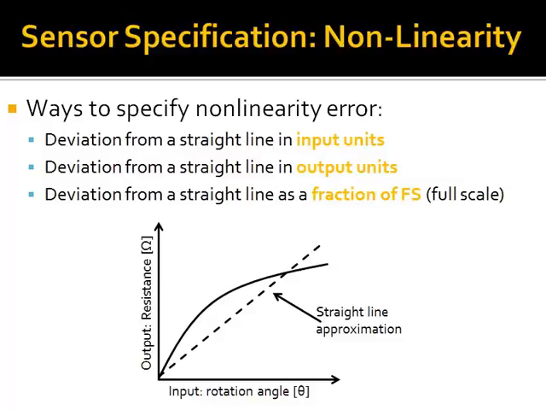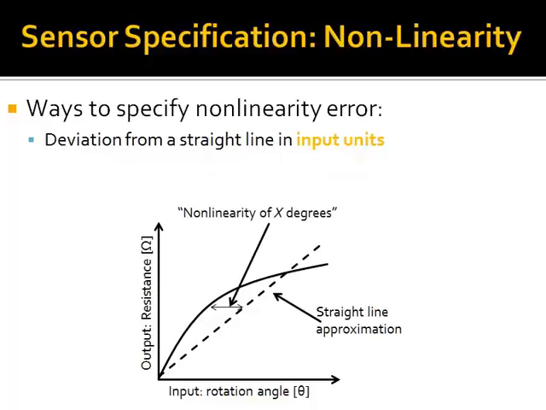If it's specified as deviation from a straight line in output units, then it might be quoted in units of ohms. Or it might be reported as deviation from a straight line as a fraction of the full scale. I'll briefly show you an example of what each of these means.